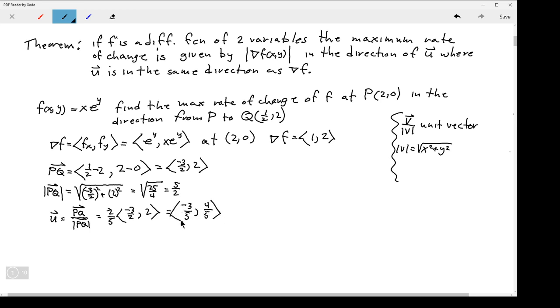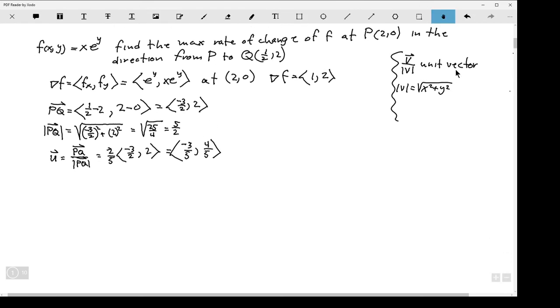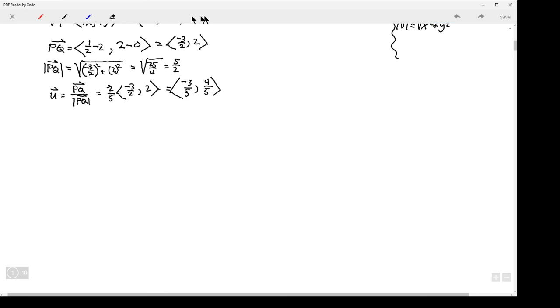I need some more space here. Now I need the directional derivative, D sub u, at the point (2, 0). That's going to be (1, 2) dotted with (negative 3/5, 4/5).